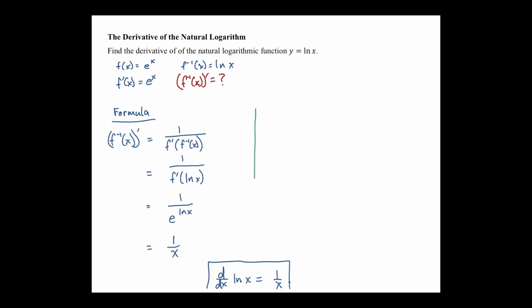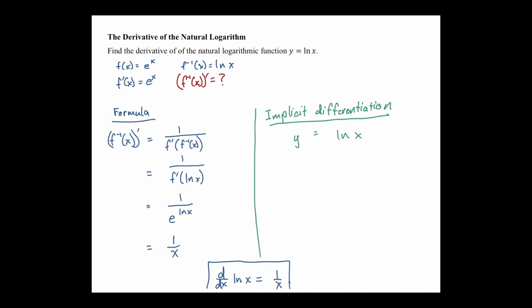Maybe that's a little counterintuitive for you. You could also approach the derivation of this derivative by just using implicit differentiation. So how would you do that? Well, you would first just note y is equal to ln of x.